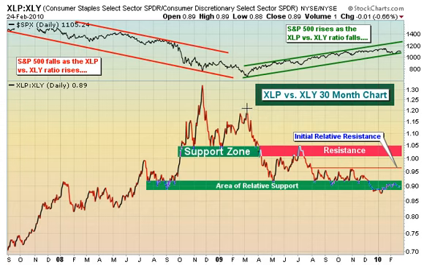So I think this combination and this negative divergence, or maybe a positive divergence depending on how you look at it, started to send a message that even though prices were going lower, the money was not necessarily flowing away from consumer discretionary and going toward consumer staples.